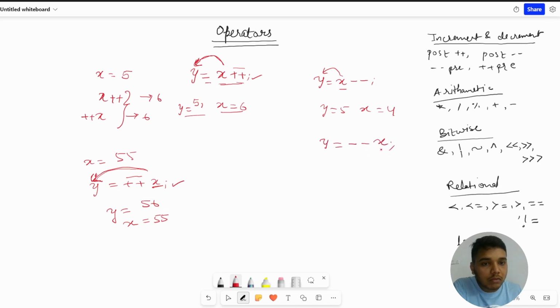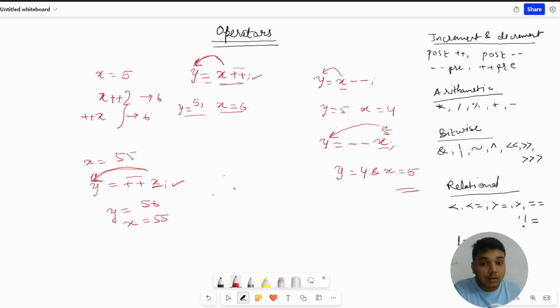Whatever the value inside x, here 5, will get decremented first, which means it will become 4. Then 4 will get inside y. So y here is 4 and x is 4. So this is the working of the increment and decrement operators.